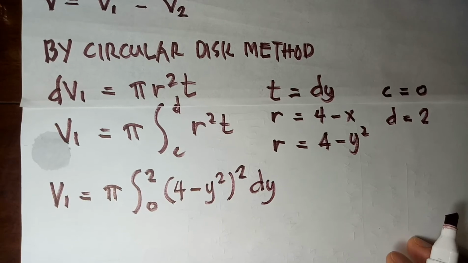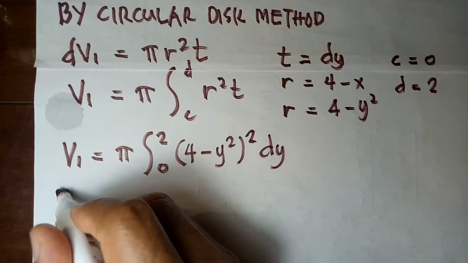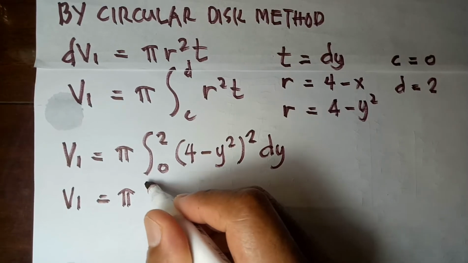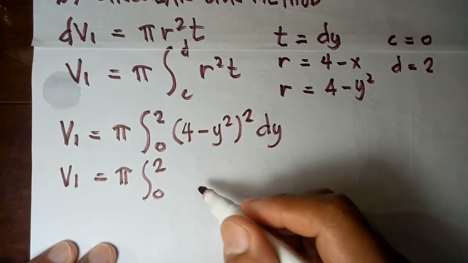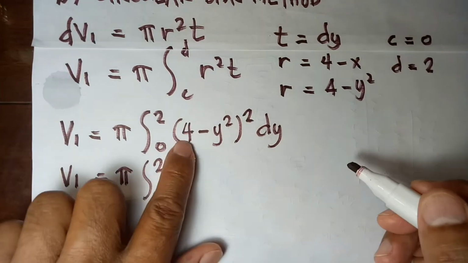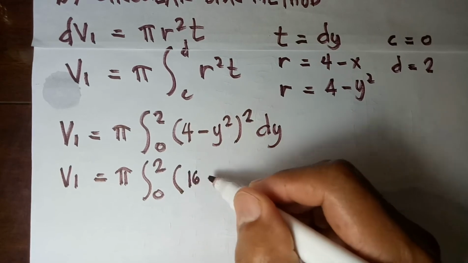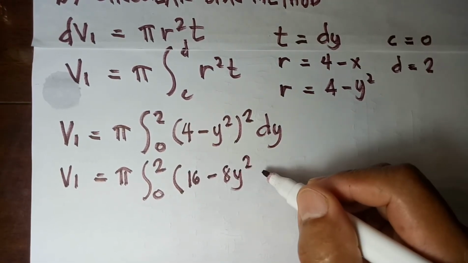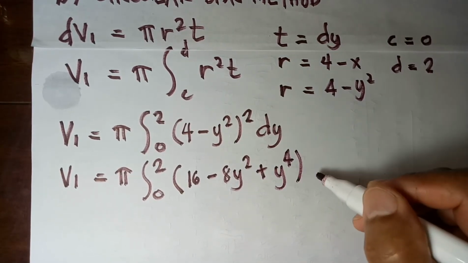Carrying on, let us expand the integrand. Volume 1 equals pi times the integral from 0 to 2. Expanding 4 minus y squared, we get 16 minus 8y squared plus y to the 4th, dy.